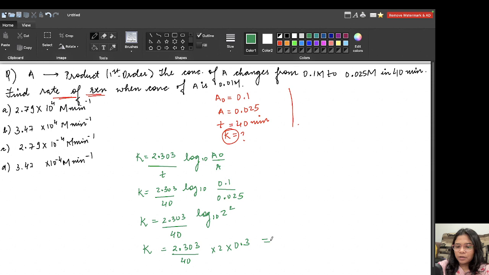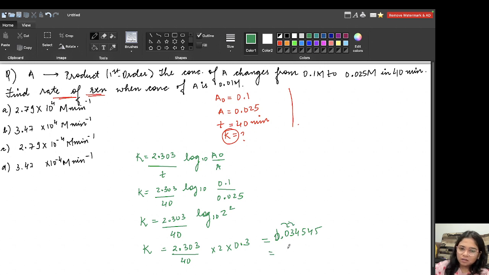2.303 multiplied by 2 into 0.3 divided by 40 will be 0.034545. Okay, if I want to shift my decimal point, 2 decimal points I need to shift.